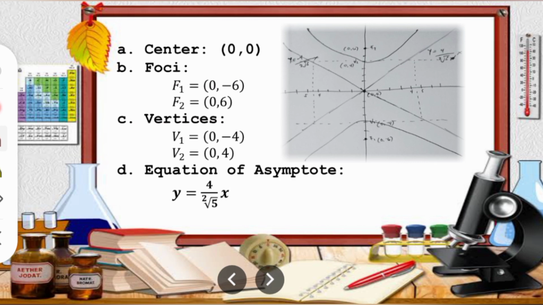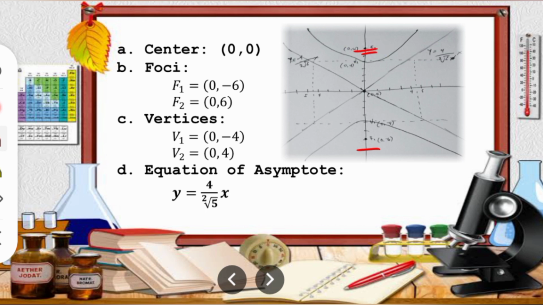Next to find is our vertex. To find our vertex, we need to count from our foci. Here in the graph, we have our foci F sub 1 here and F sub 2 here.